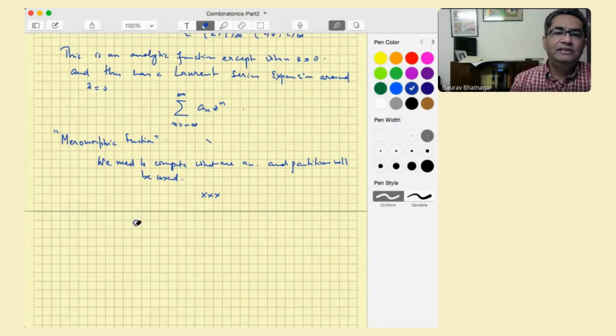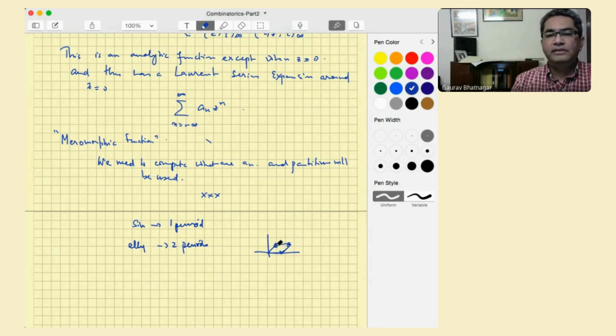So you have a sine, it has one period, right? And elliptic functions have two periods. So it looks like this. Suppose instead of one period, it has two periods. It's a natural extension.